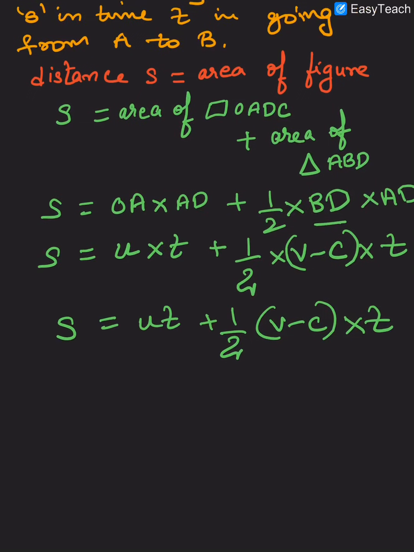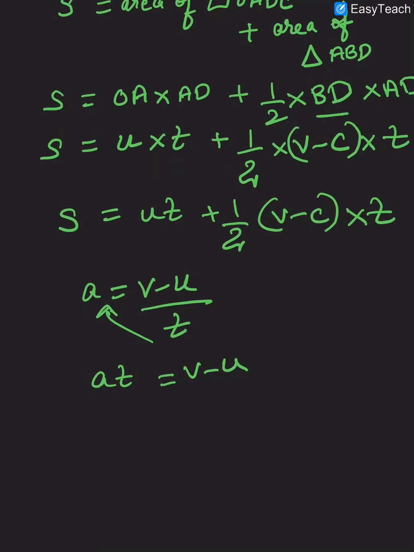Now we go back to our first equation. What is our first equation? a equals (v minus u) by t. Taking t across, what do you get? at is equal to v minus u. Now in this portion, in place of v minus u, I will substitute at.